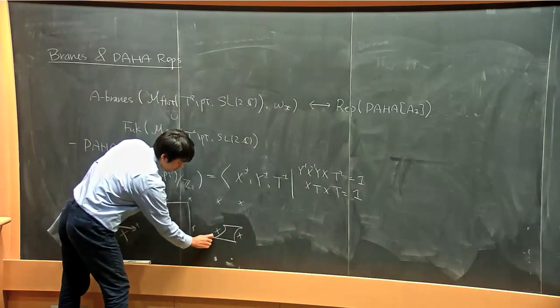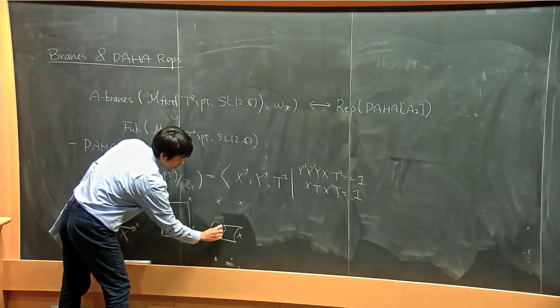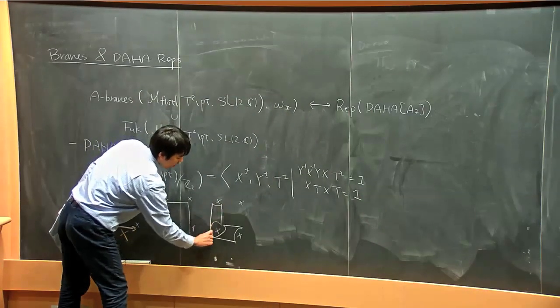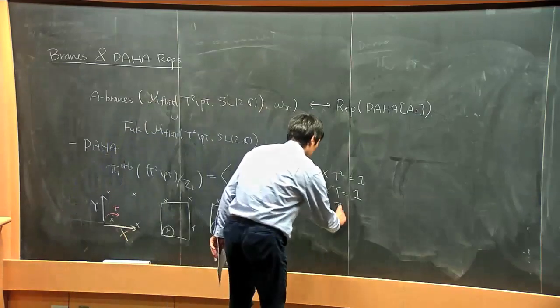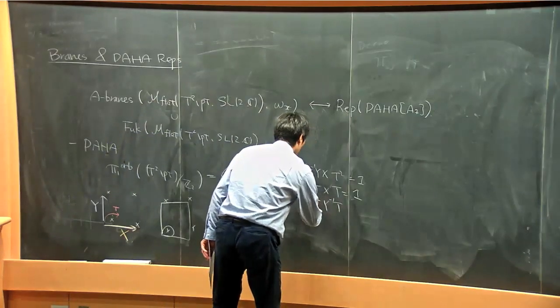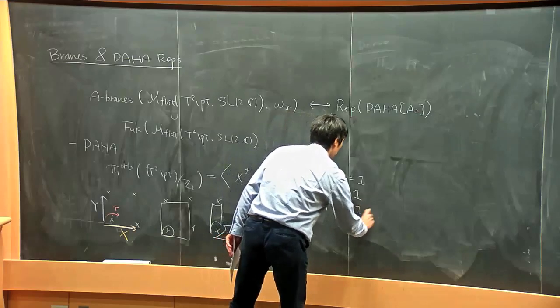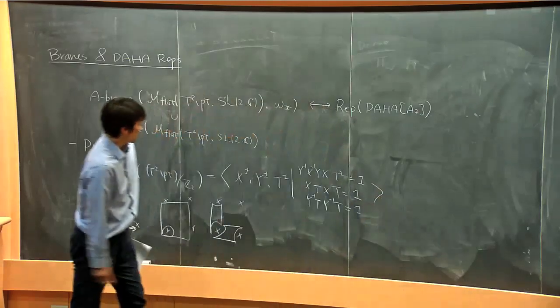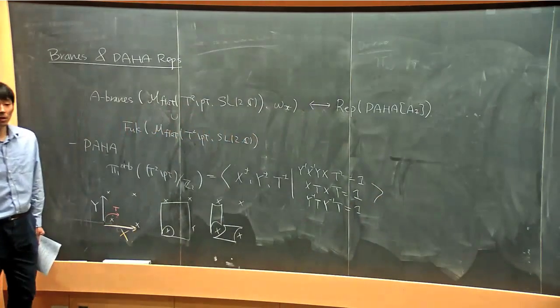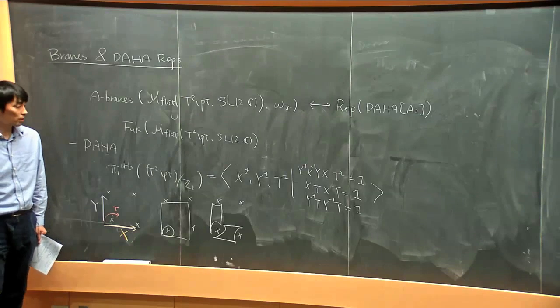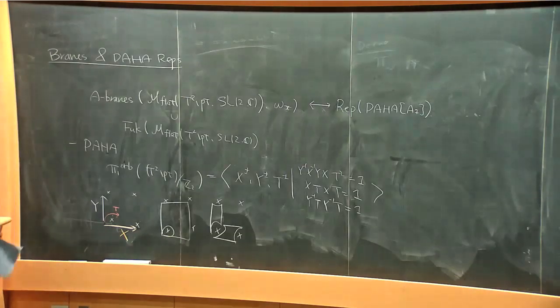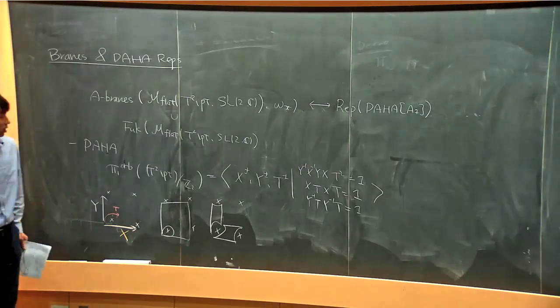And if you look at the other generator in the other direction, T, Y inverse is also trivial. So this is the orbifold fundamental group of T2 minus a point over Z2.